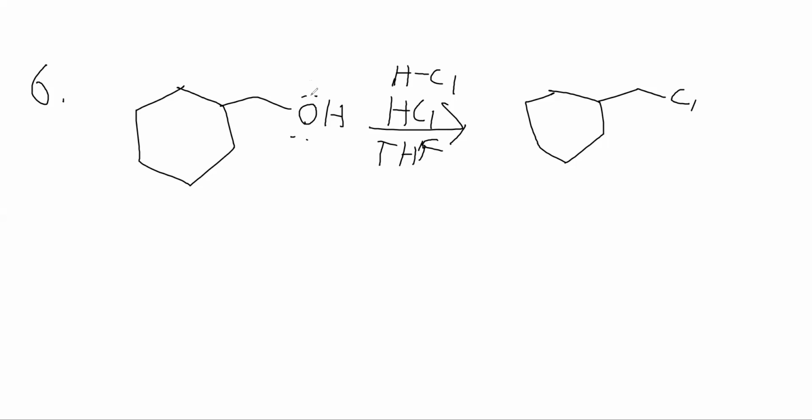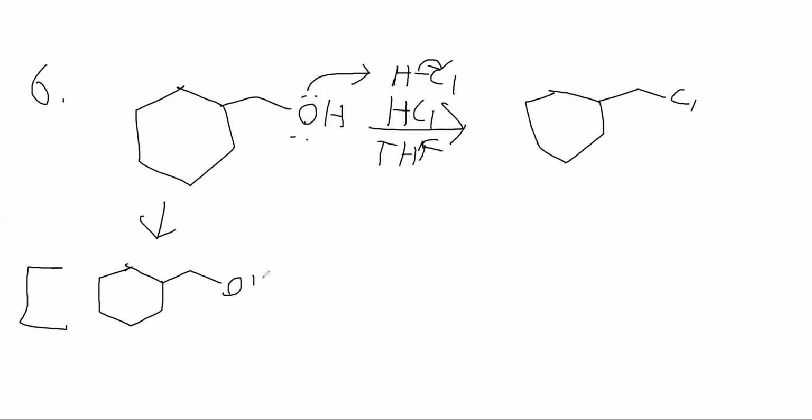Just like with 4C, it's the same reaction with an alcohol and hydrochloric acid. So this is the first step in the mechanism. We form water, and it has a positive charge as an intermediate, and the water doesn't want to be positive, so it just leaves the carbon.